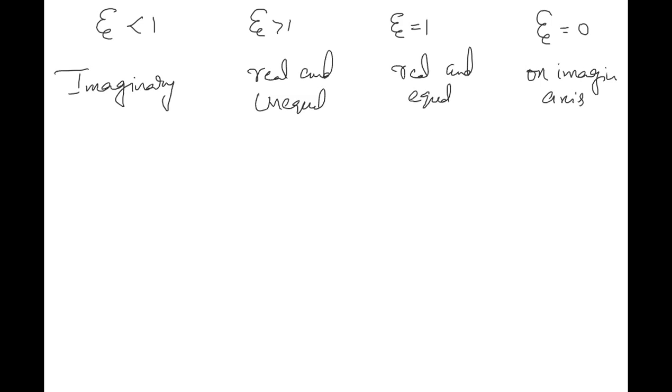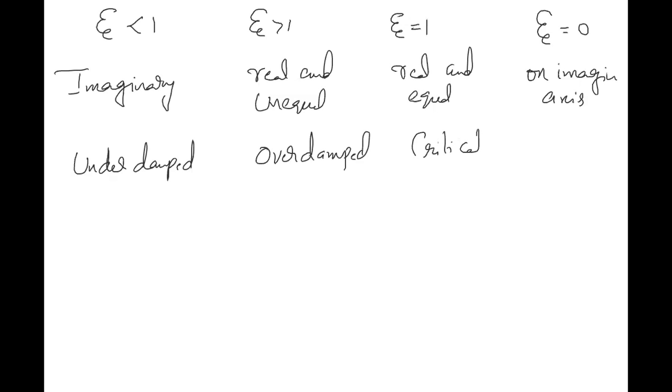This is called an underdamped system. This is called overdamped. This is called critically damped. This is undamped.